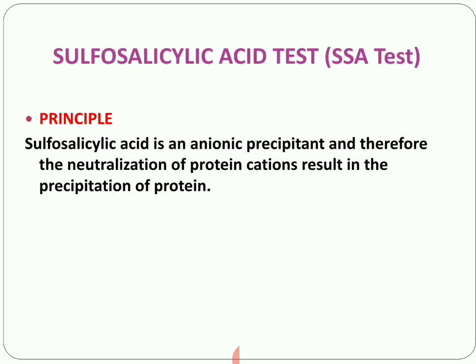Now moving to the sulfosalicylic acid test, also called the SSA test. Principle: sulfosalicylic acid is an anionic precipitant and therefore the neutralization of protein cations results in the precipitation of protein.